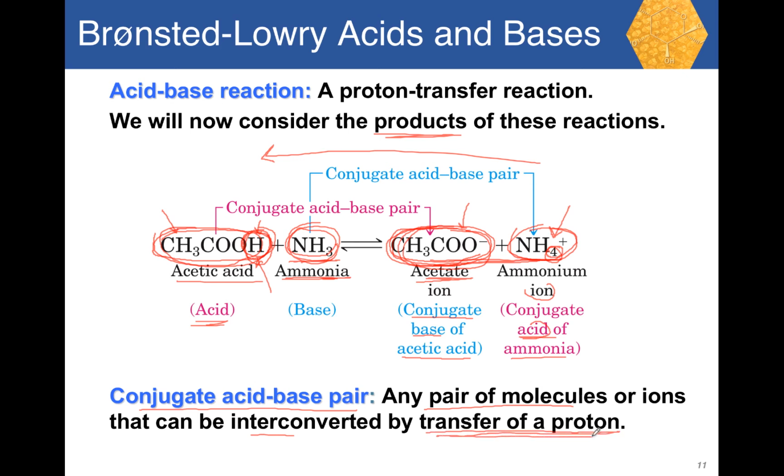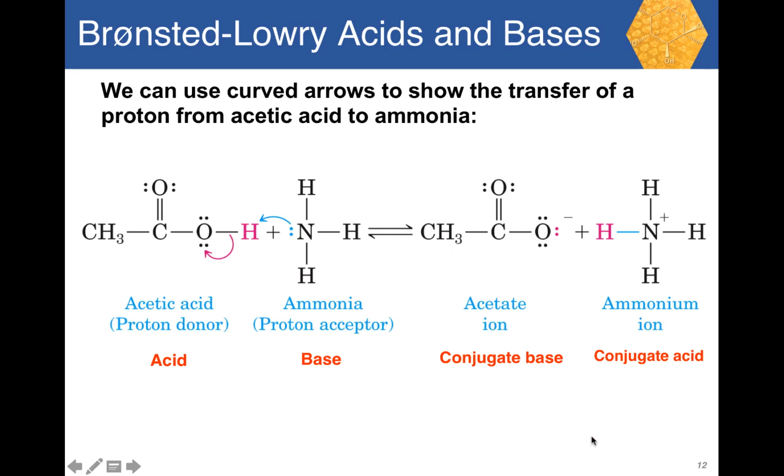So you should be able to look at a molecule, determine if it's an acid, based on the Bronsted-Lowry definition or the Arrhenius definition, and you should be able to determine what is its conjugate base. Same for a base, determine what is the structure of the conjugate acid.